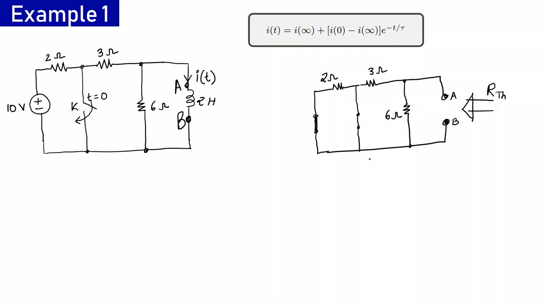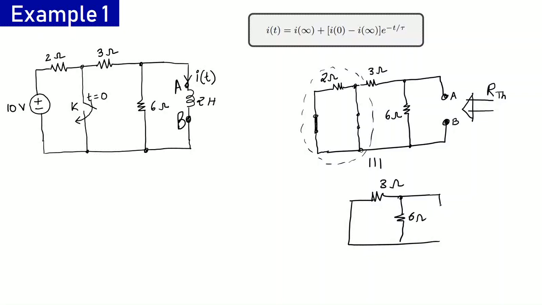So let us calculate the resistance between A and B. Here we see that this resistance 2 ohm is directly short circuited. So the effective value of this part will be 0 ohms, and the equivalent circuit will look like this. This is 3 ohms, this is 6 ohms, and these are the load terminals A and B. Now if we see the resistance between A and B, we find that 3 and 6 are in parallel, so R_TH will come out to be 3 into 6 by 3 plus 6 ohms, that is 2 ohms.